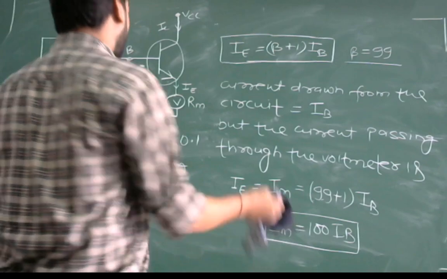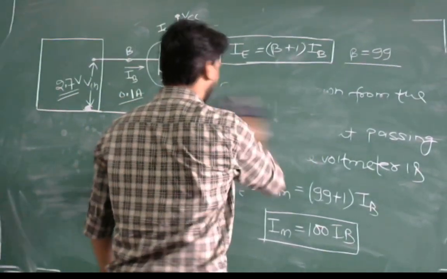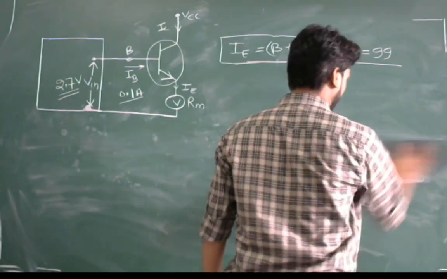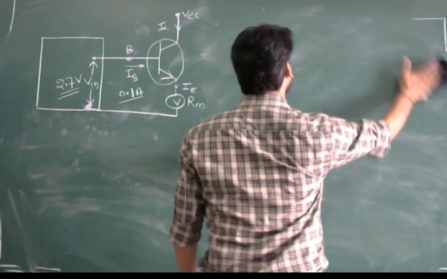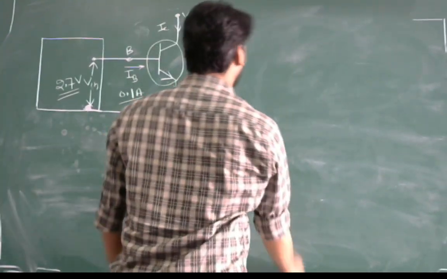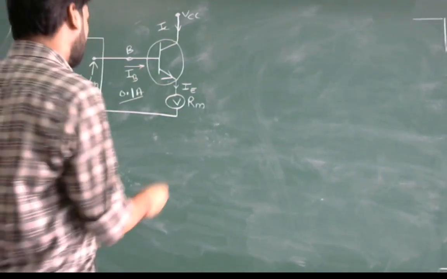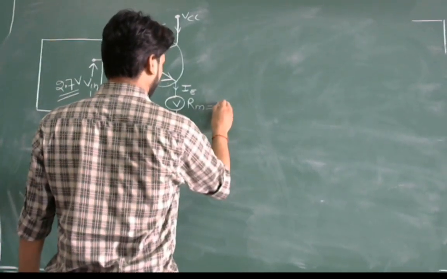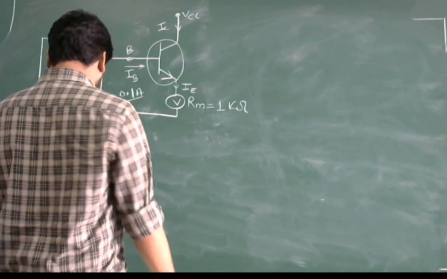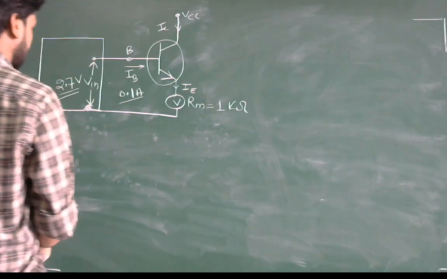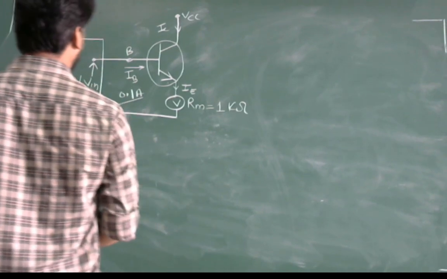If the voltmeter resistance is something about 1 kilo ohm, the total value of Rm included the series resistance, suppose it is 1 kilo ohm.